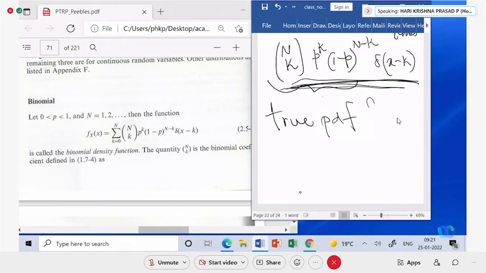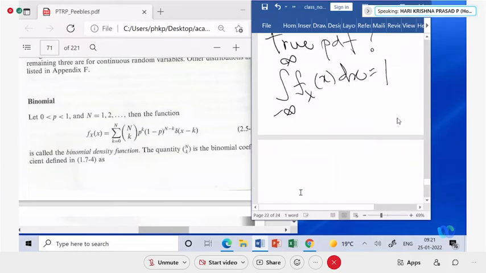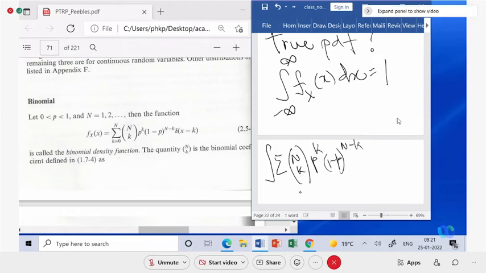What is the formula for us to check whether the given density function is a valid density function? Find the area under the density function. When I try to find the area under the density function, all the terms are to be included, right? Sum of nCk, p power k, (1 minus p) power n minus k, delta of x minus k, dx.